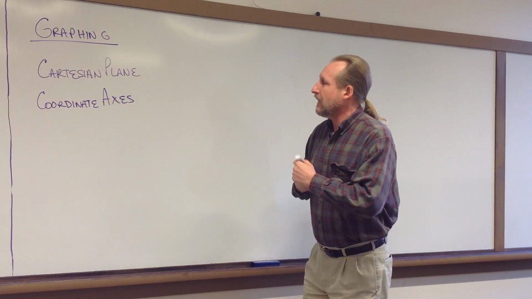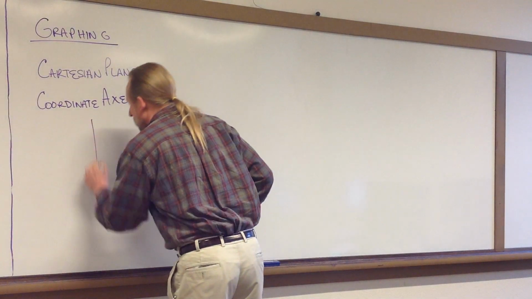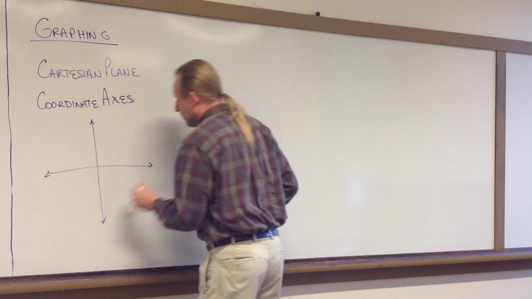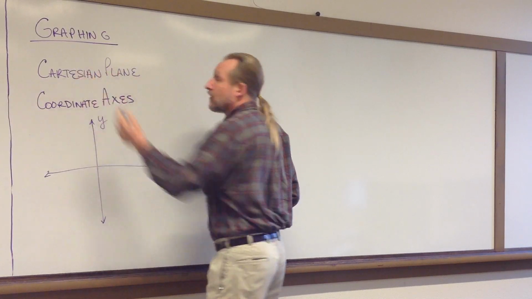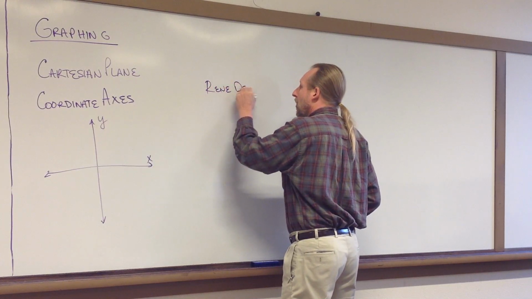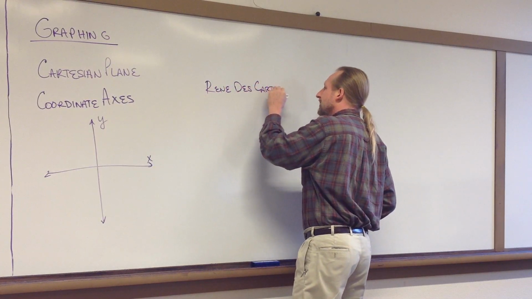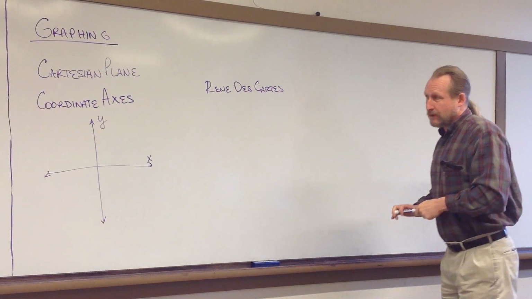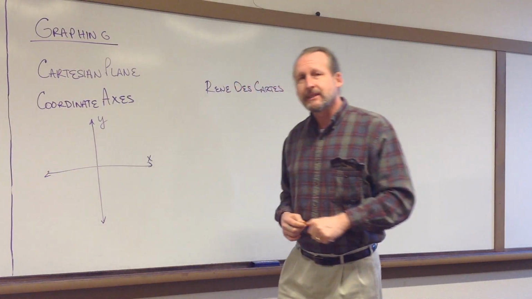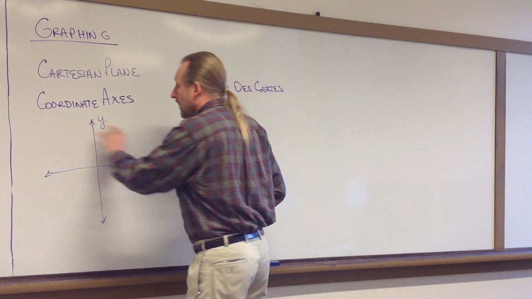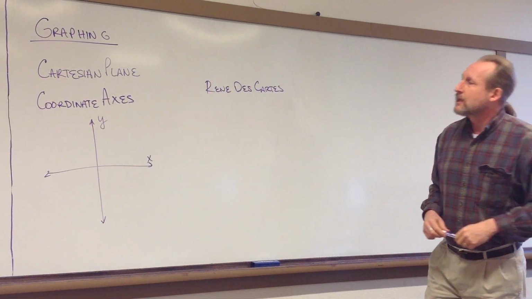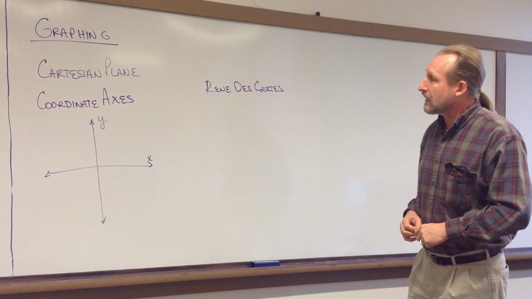When we're talking about graphing, we're talking about graphing on the x and y, what's sometimes called coordinate axes, and sometimes called the Cartesian plane, after René Descartes, who was a French mathematician, one of the first Europeans to devise the idea of representing two-dimensional figures on a set of axes with position coordinates, very much the same way we do with latitude and longitude.